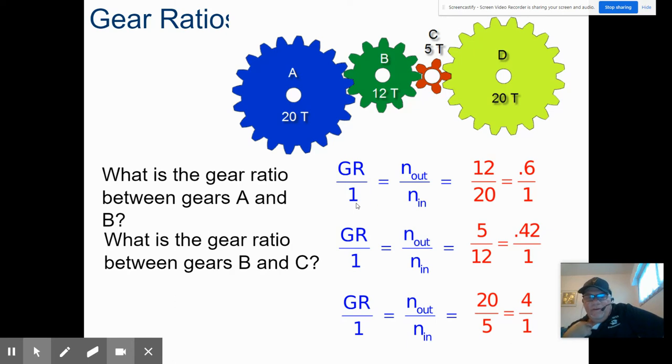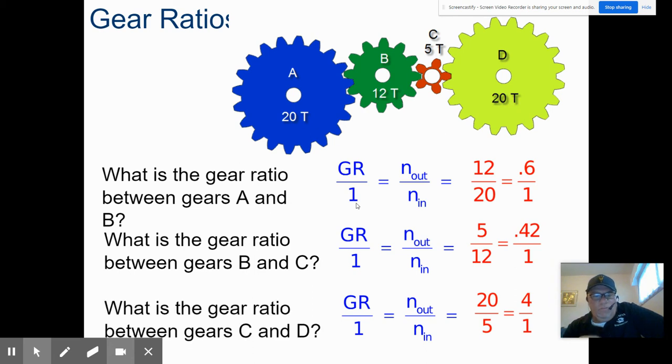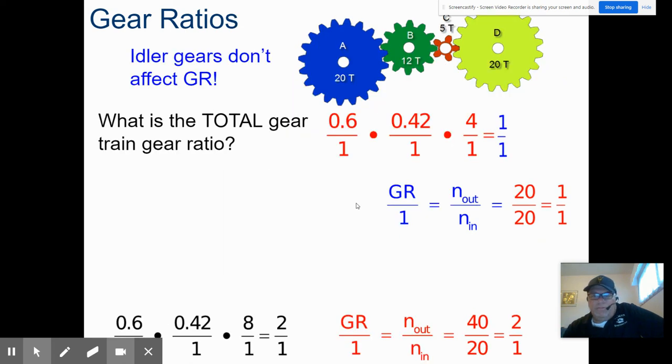We have 5 over 12, which is 0.42 to 1. And then what is the gear ratio between gears C and D? It is 20 over 5, which gives us a 4 to 1 ratio.